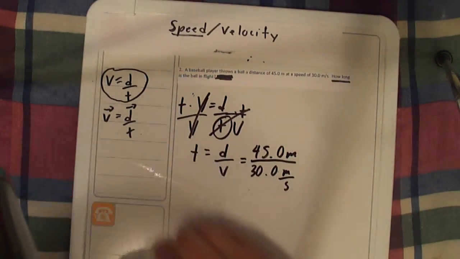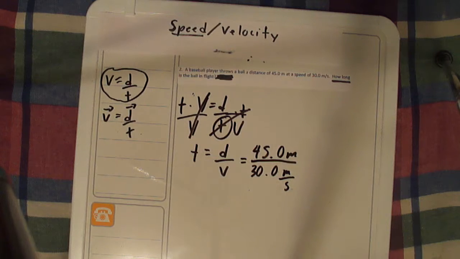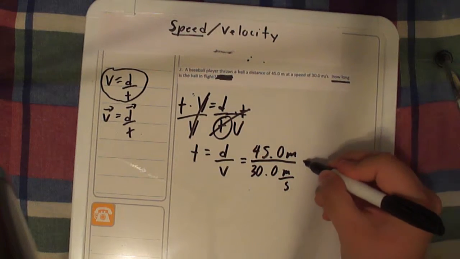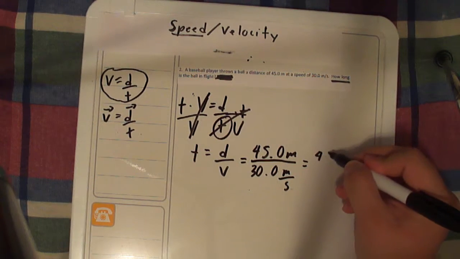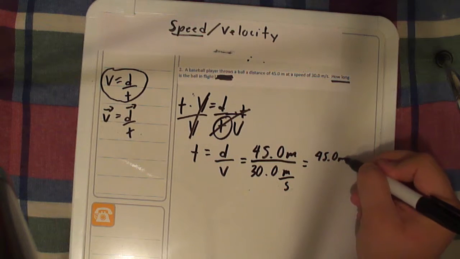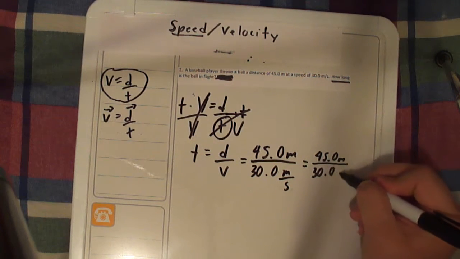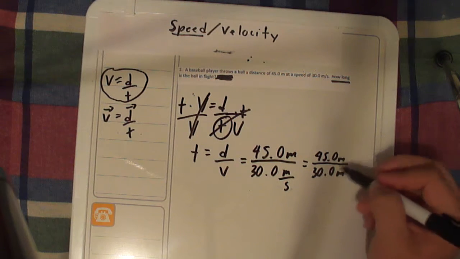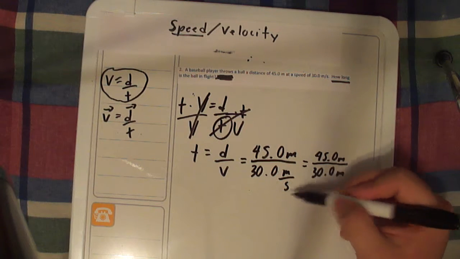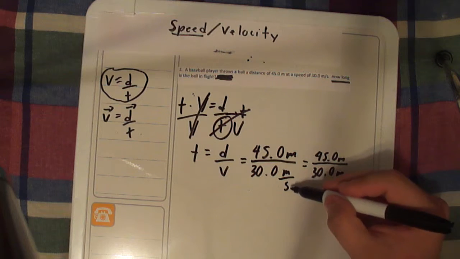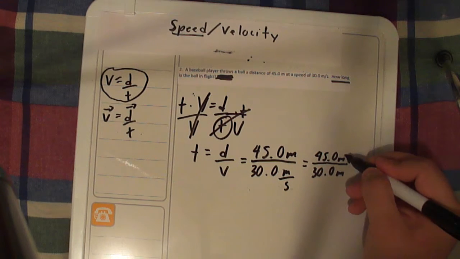So in this, the units actually work, because then you get 45.0 meters over 30.0 meters. And since that's a fraction of the units, you put the seconds on top.